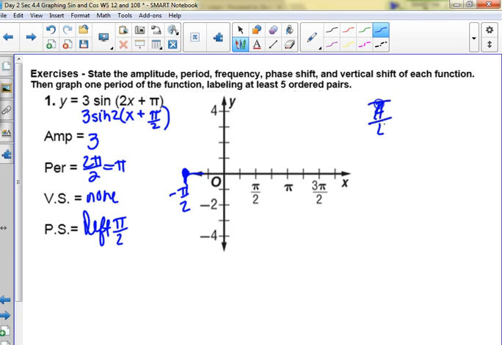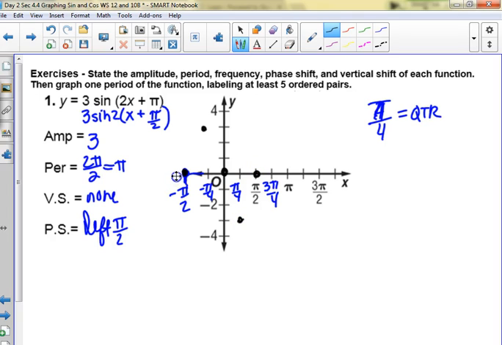The quarter points are divided by 4, which they've counted. Yes, this is a pi over 4. This is a pi over 4. This is a 3 pi over 4. I hate when they give us graph paper. I promise to never do this to you. It's a sine graph, so it would start here, max at 3, through 0, 0, min at negative 3.